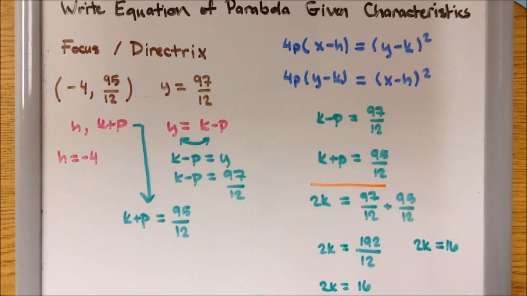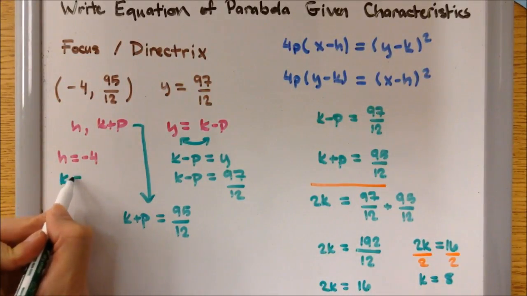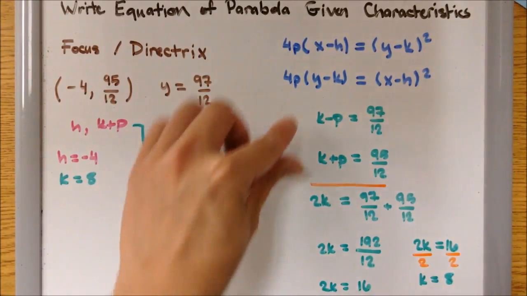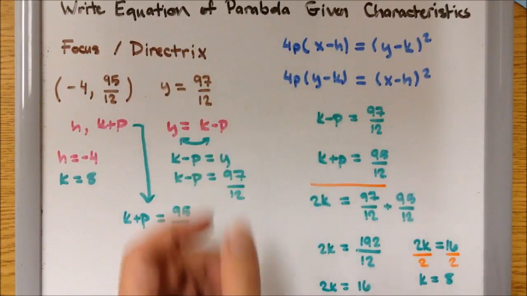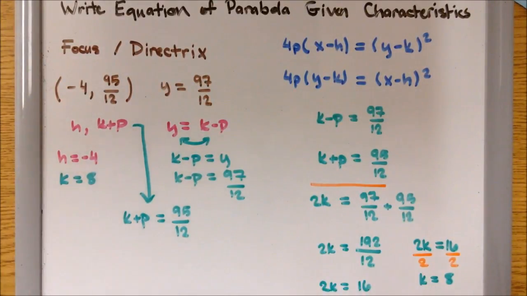And then I'm going to divide by 2 to get k alone and solve for it. So k will equal 8. So we got our k value, which equals 8. Now, it doesn't matter which equation we use. We can use the first one or the second one. But I highly recommend using the one where p is positive. So I'm going to erase to make more room.